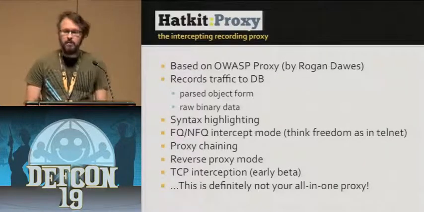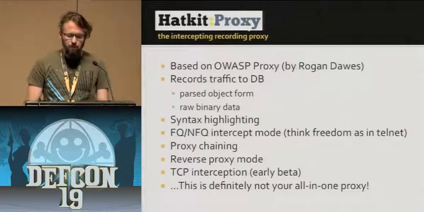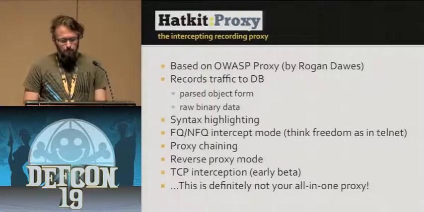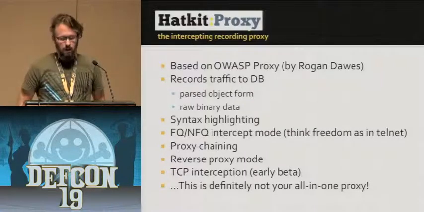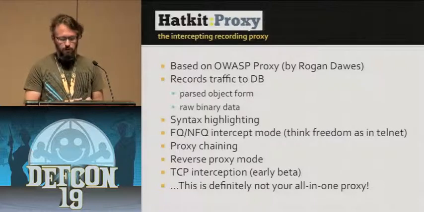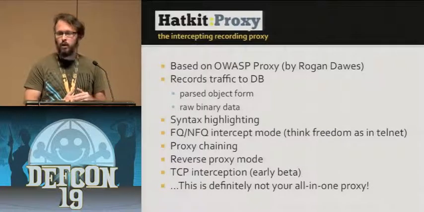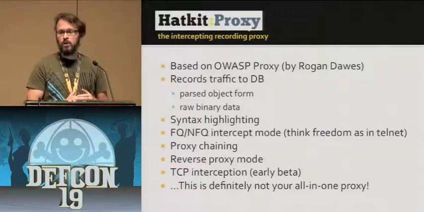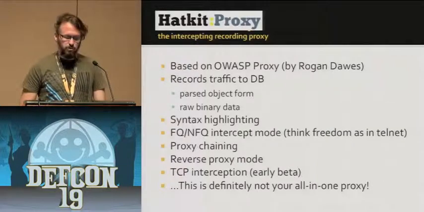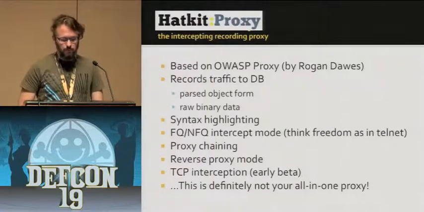So, the HatKit proxy is based on the OWASP proxy, which is written by Rogan Dawes. It comes with all the usual stuff like intercepting, reverse proxy support, syntax highlighting, and a fully qualified and non-fully qualified mode, which allows you to modify stuff within the HTTP protocol which you usually can't modify through other proxies.